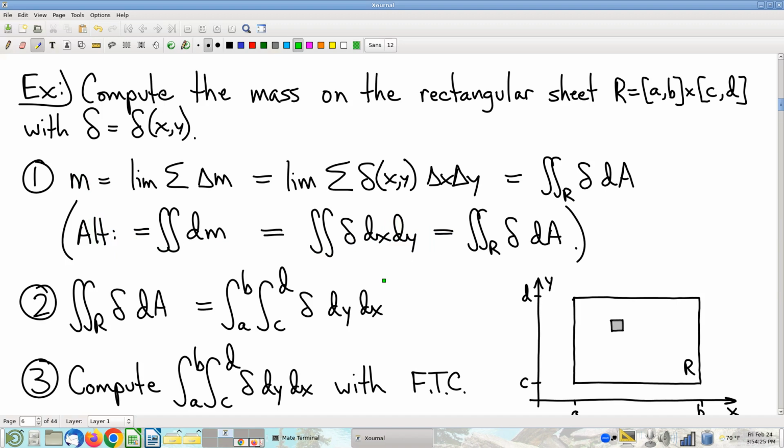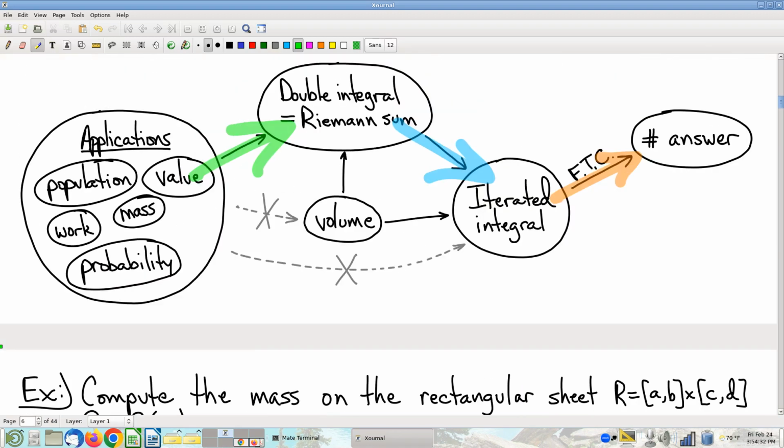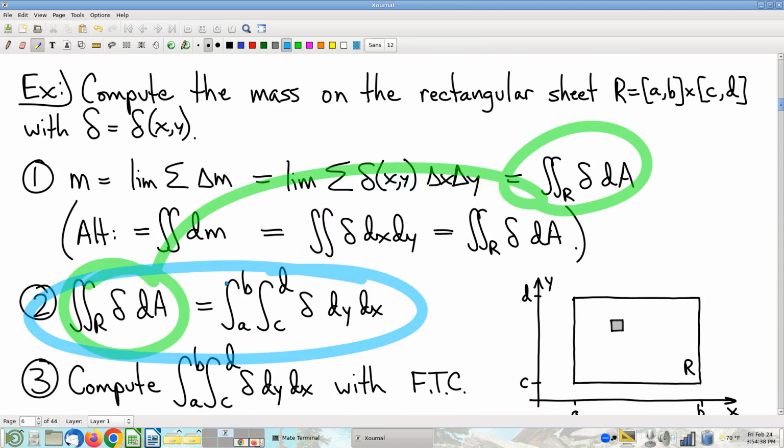Okay, next. I've got this double integral. Step 2, you see here, is to turn the double integral into an iterated integral. And that part, at this stage anyway, is pretty straightforward. It's the same rectangular domain and the same density, and so it's just a quick rewrite. Hardly anything happened there.